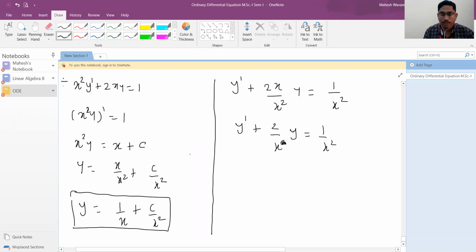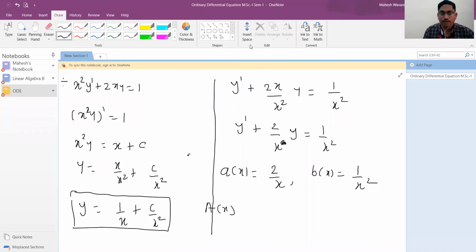So here you can see p of x is 2 upon x and q of x is 1 by x square. So what is capital A of x? Capital A of x is the integration of 2 upon x, which is 2 log x. We can write this as log of x square also.